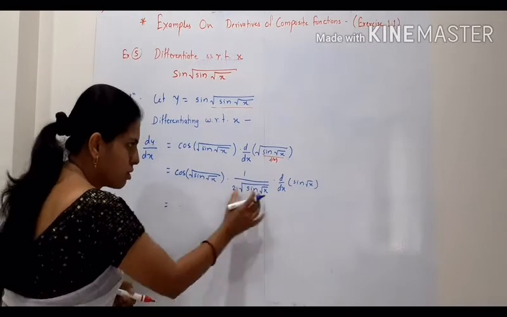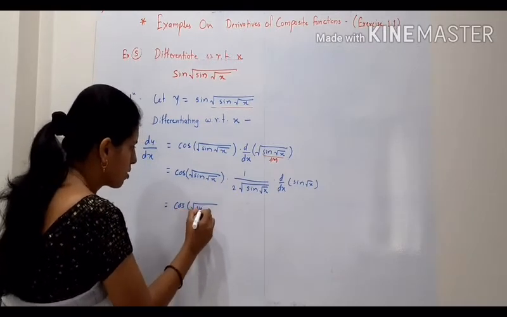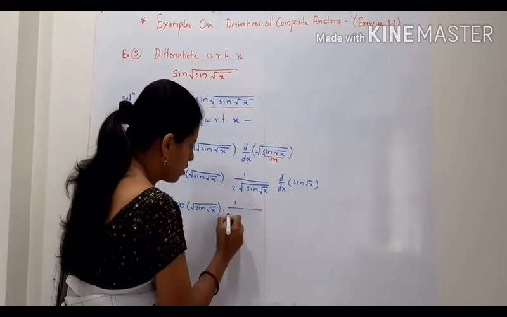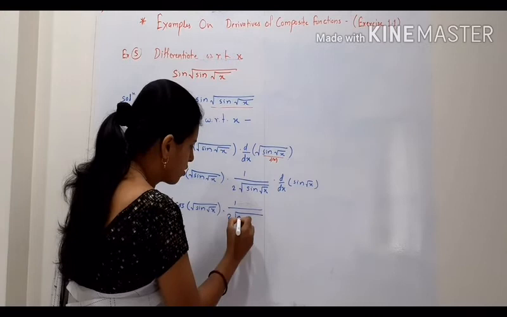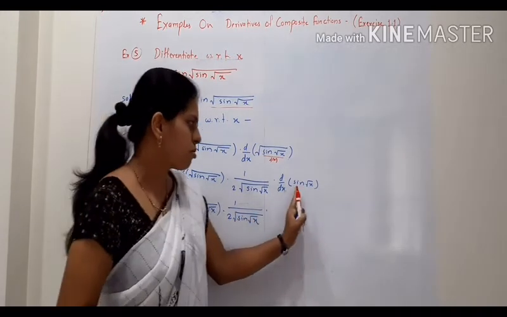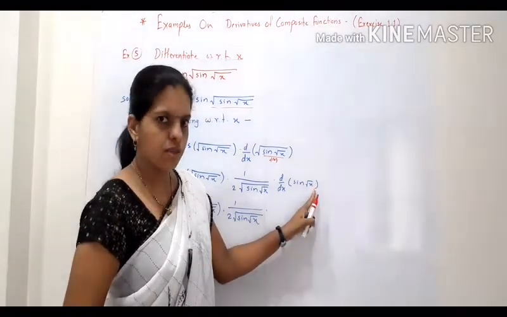Next step, the first two terms as it is, cos of root of sin of root x into 1 upon 2 root of sin of root x into derivative of sin root x, sin fx.